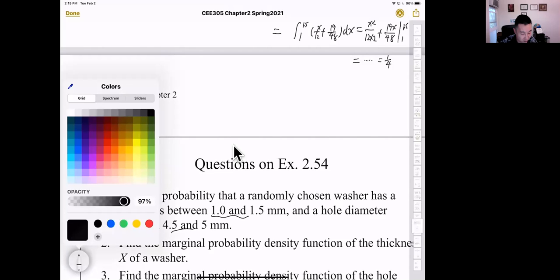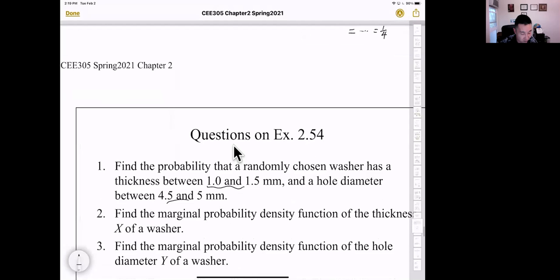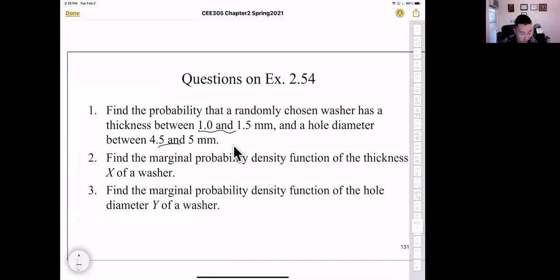For the second part, find the marginal probability density function of the thickness x.